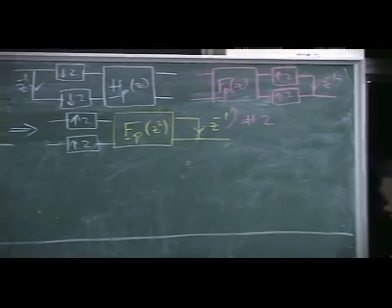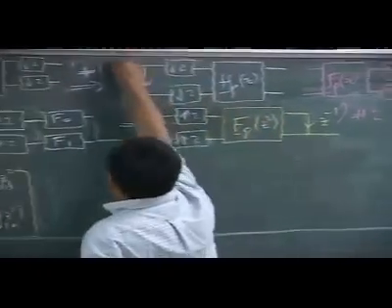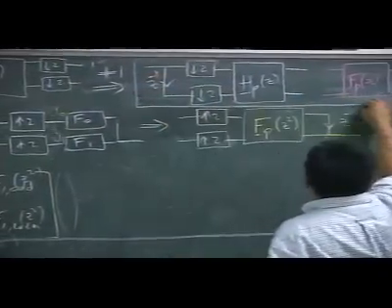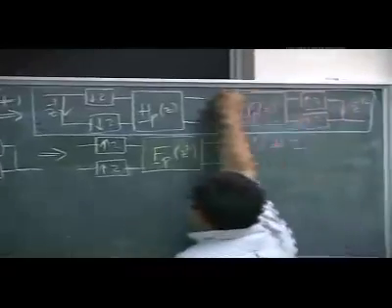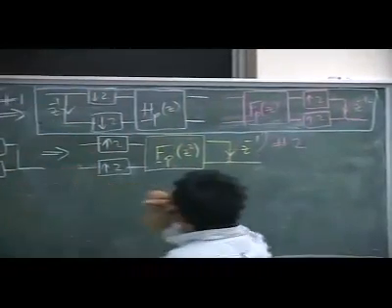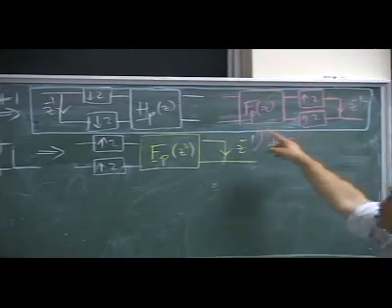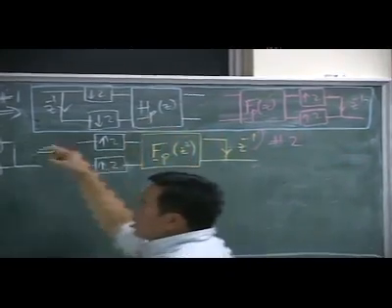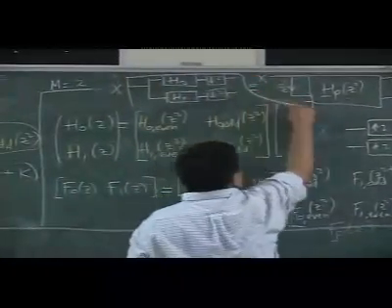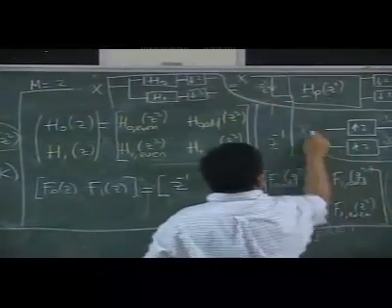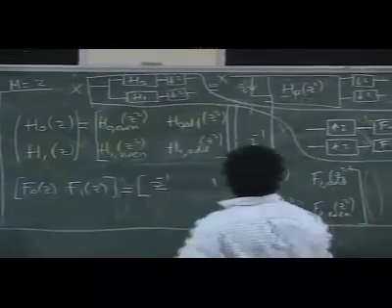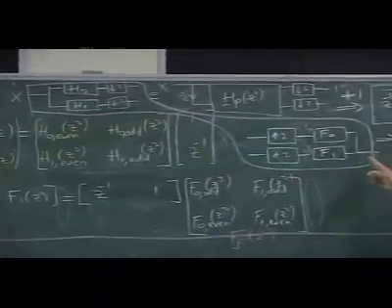So let me put a box around the structure. This is a very important structure. This structure is equivalent to the cascade of these two, the cascade of this with that. That's your filter bank.